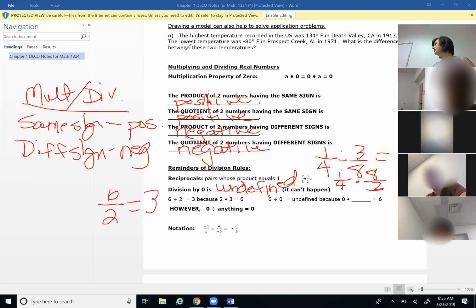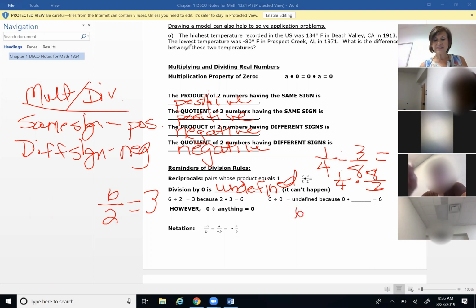And what did your teacher tell you to do to check to be sure your answer was right? We're supposed to take this 3 and do what? Multiply it times 2 to make sure it equaled the numerator, right? You take your answer times the denominator and make sure it equaled, because you learned how to multiply before you did your division. That was a quick way to check, because that had to be true if you had done the division correctly.